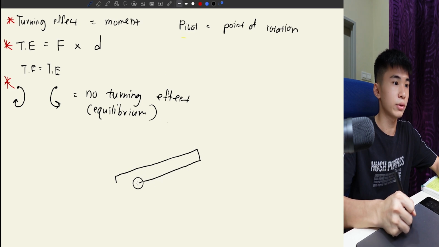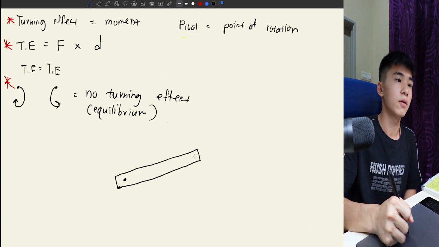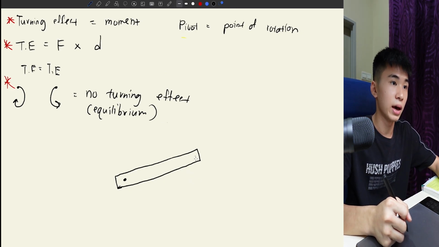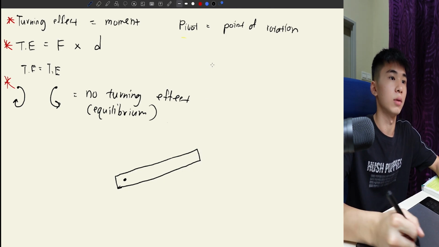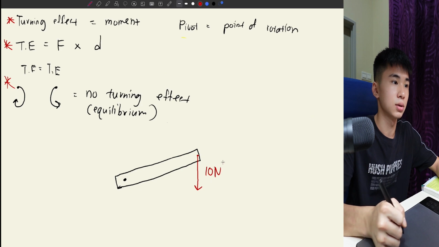So right now let me draw one diagram here, and here is the pivot. Let's say we apply a force at the end of this metal bar. Let me use the red pen. We apply 10 newtons here.